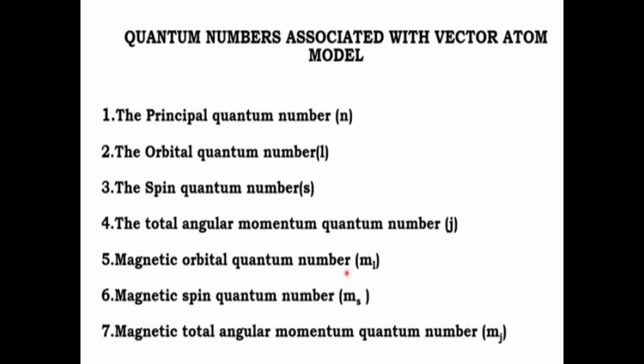There are 7 quantum numbers. They are the principal quantum number, denoted as small n; orbital quantum number, denoted as L; spin quantum number, denoted as S; total angular momentum quantum number J; magnetic orbital quantum number Ml; magnetic spin quantum number Ms; and finally magnetic total angular momentum quantum number Mj.